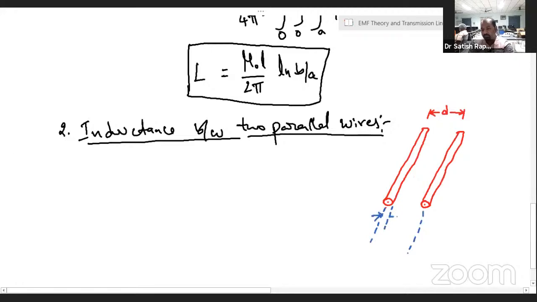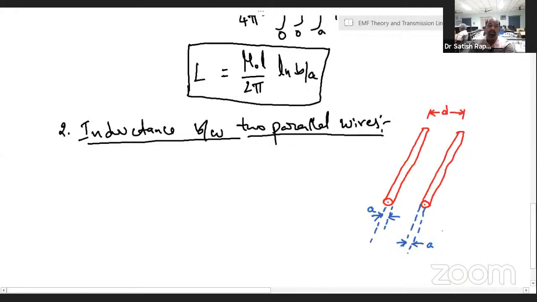So this is from center to edge, which is a. So a is the radius. Then similarly, this edge is this one. So the radius is a for both.